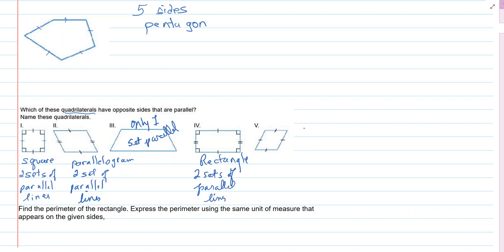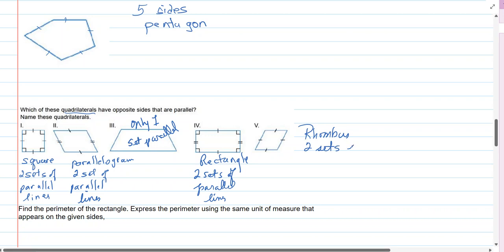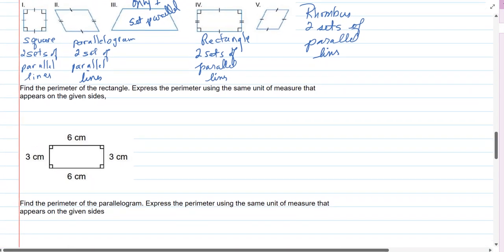This is the rhombus: 2 sets of parallel lines. All right. So we only had one that had one.